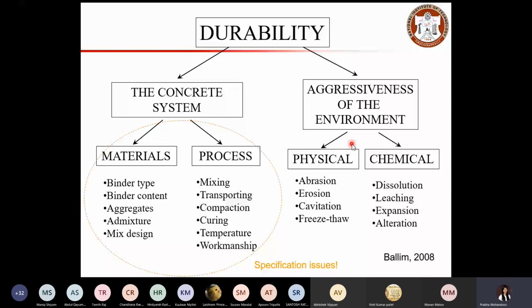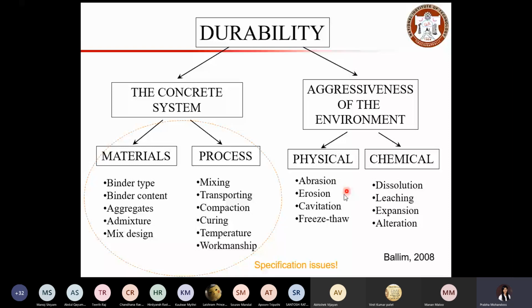Sometimes this cavitation and erosion is most often associated with water pressure. When you have a surface where you have continuous flow of water, or continuous movement of any rough particles, that could result in this erosion and cavitation attack.